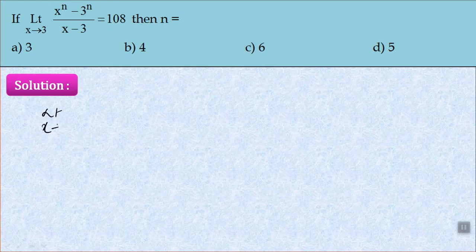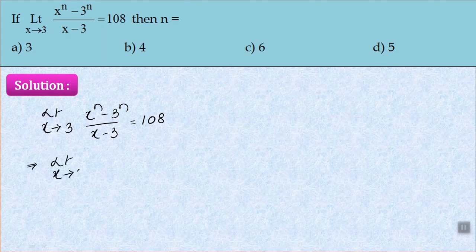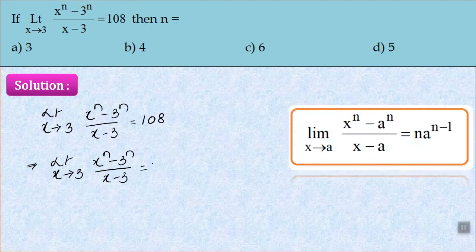Limit x tends to 3, (x power n minus 3 power n) divided by (x minus 3) is equals to 108. We know that limit x tends to a, (x power n minus a power n) by (x minus a) is equals to n into a power n minus 1.